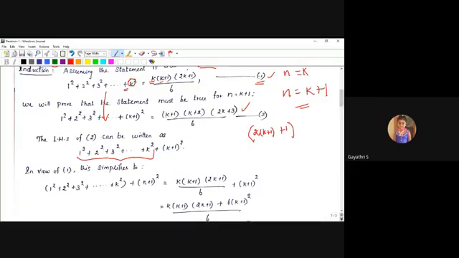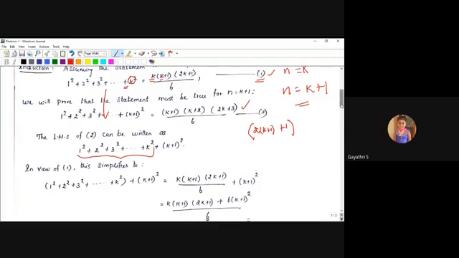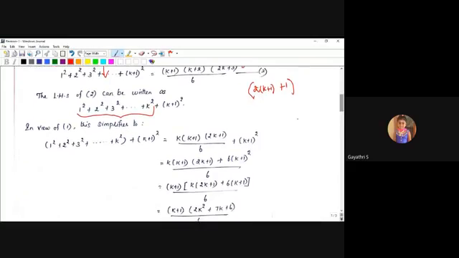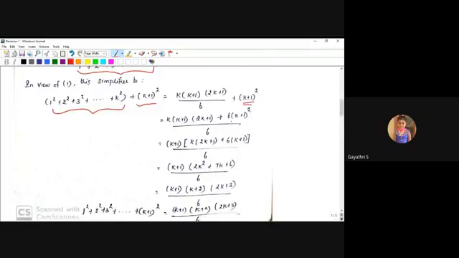So based on equation number 1, this part will be replaced by k of k plus 1 and 2k plus 1 by 6. The remaining part is k plus 1 square here. So we will take this common as 6, so 6 of k plus 1 whole square.